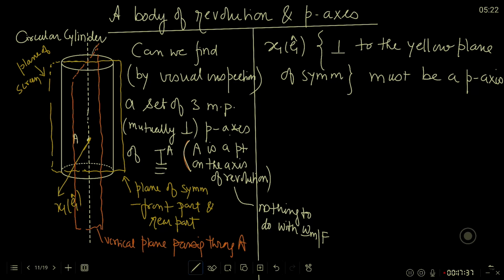Okay, yellow plane was one plane. I am now drawing an orange plane which is also passing through A, and I have chosen the orange plane perpendicular to the yellow plane. I can always choose that. This plane is also a plane of symmetry.